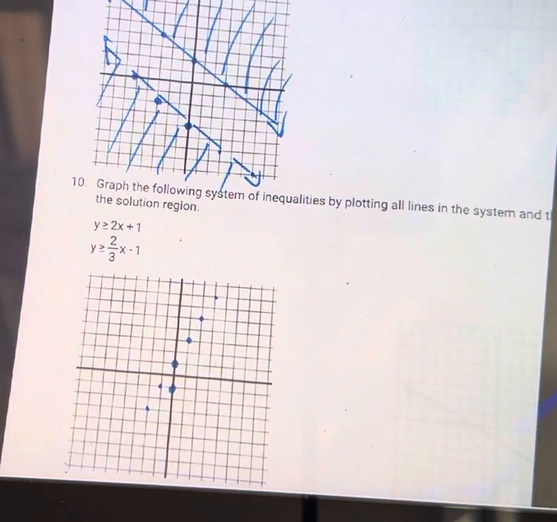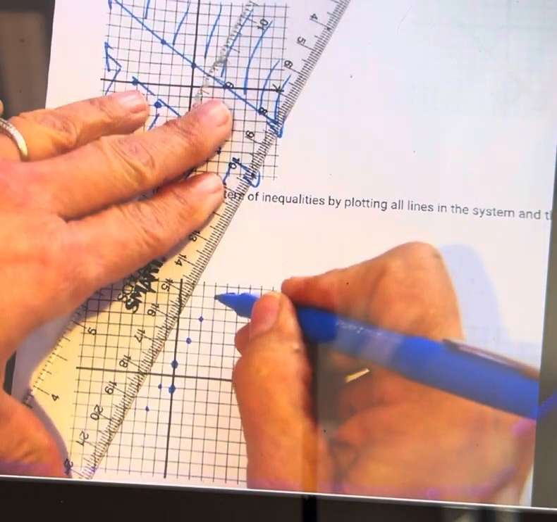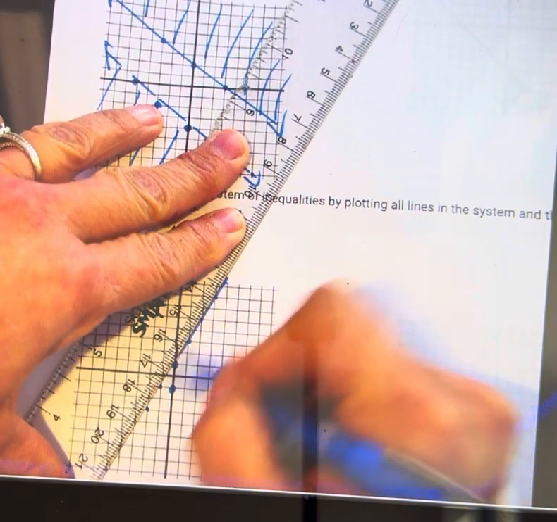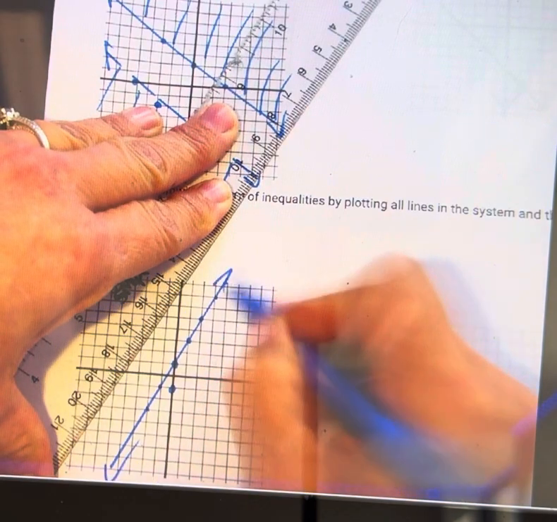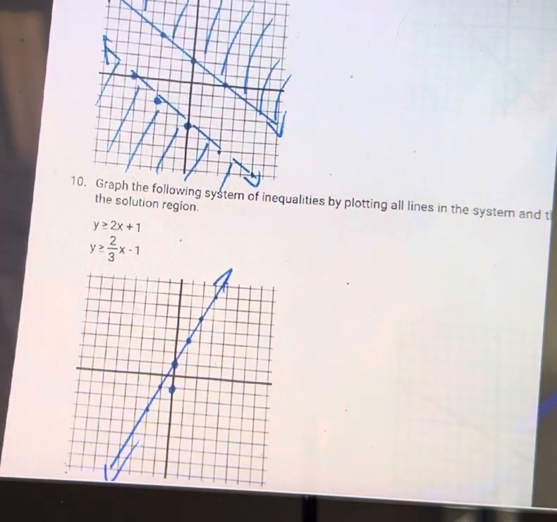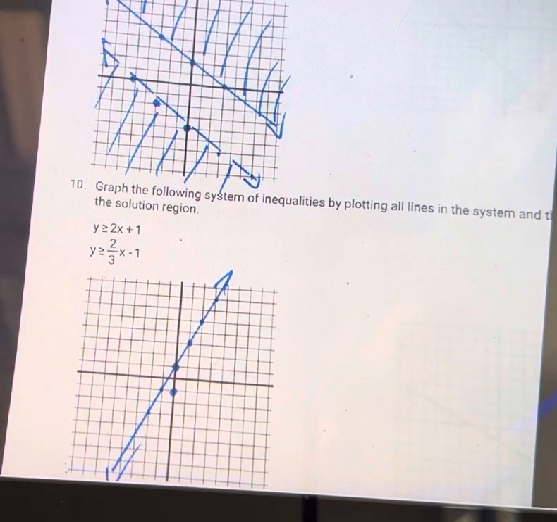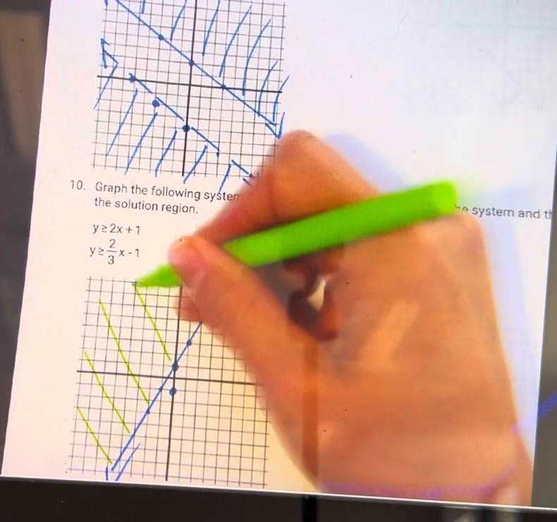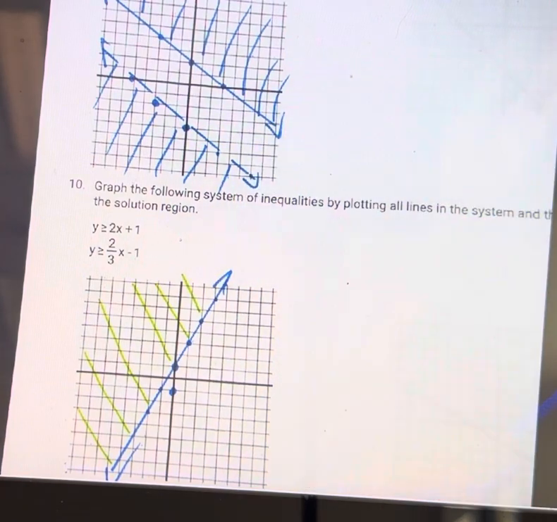So that's nice. And the first one is greater, so I'm going to shade above. And then the second one, they're both greater.